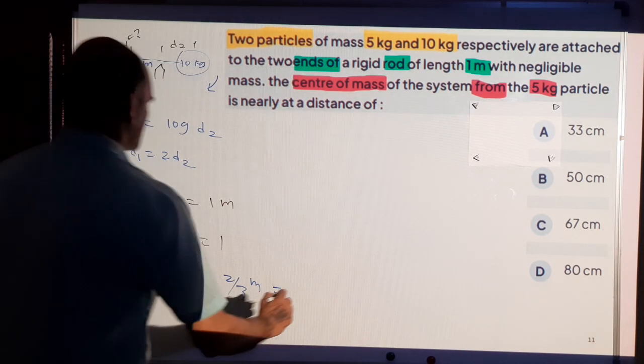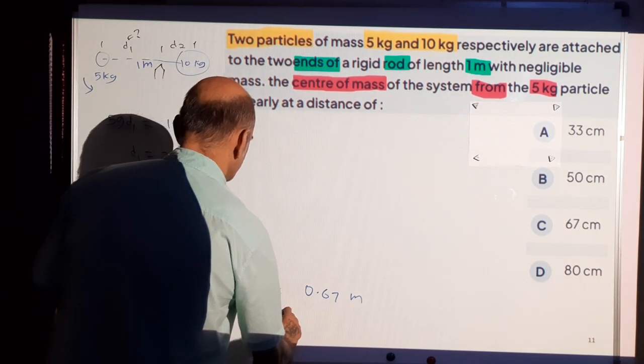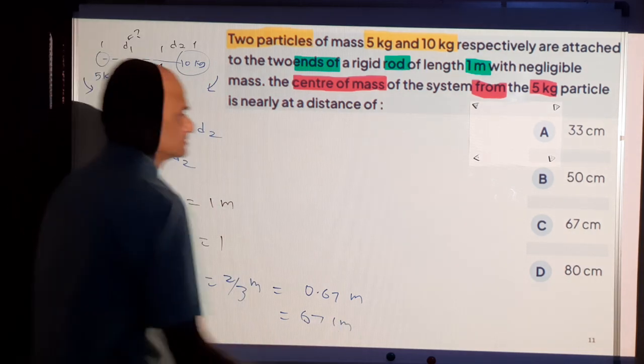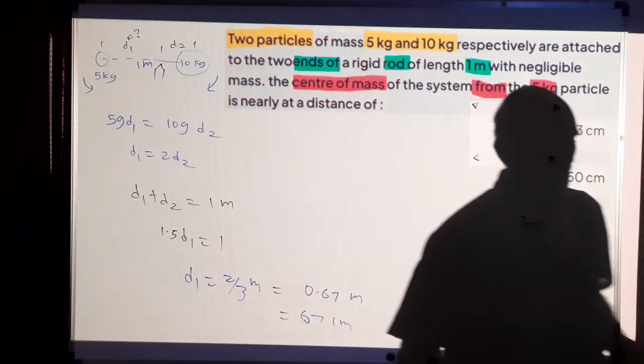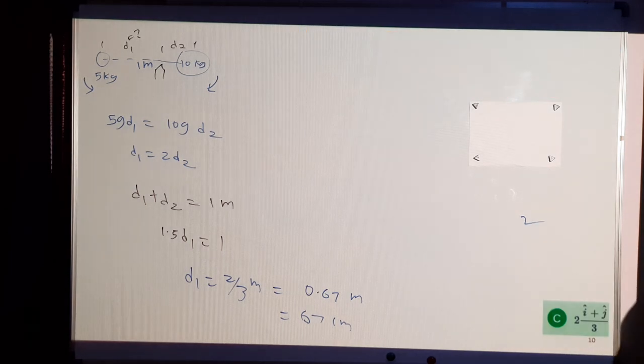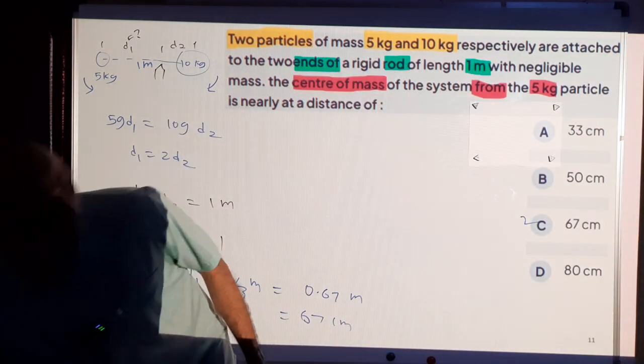So 2 by 3 is 0.67 meters, which is 67 centimeters. Meter to centimeter conversion is into 100. 67 is the correct answer.